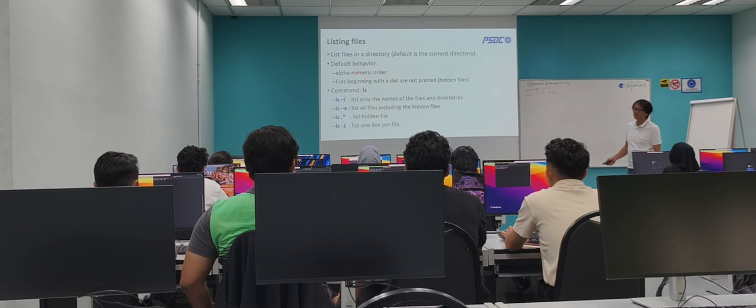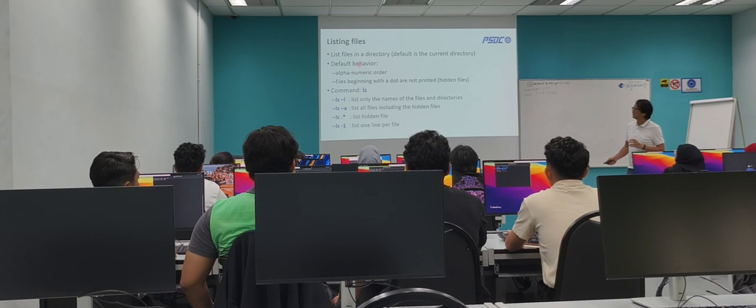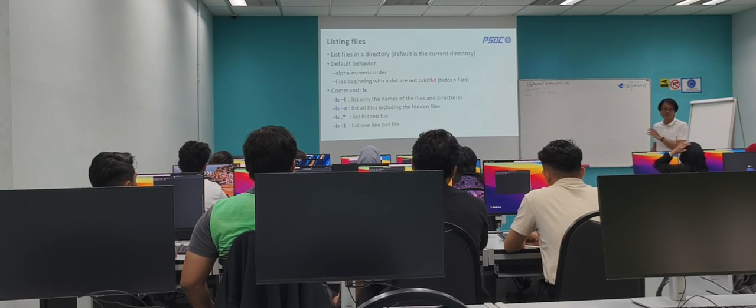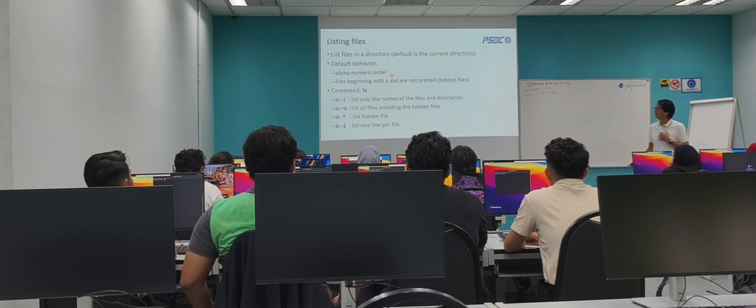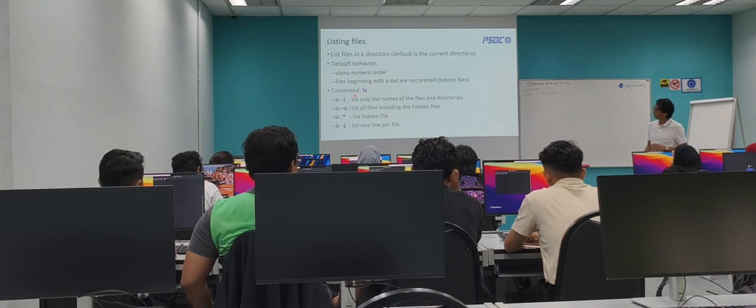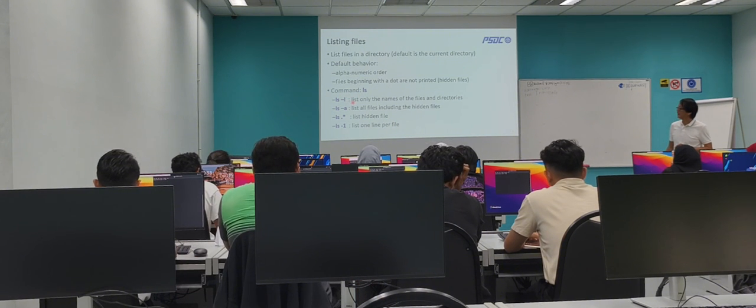So by default, if you don't specify any option, it will show you the default behavior. It will list in alphanumeric order, and all names beginning with a dot are not printed. Names beginning with a dot are hidden files, for those who need to deal with them in Unix. The command is ls -l.